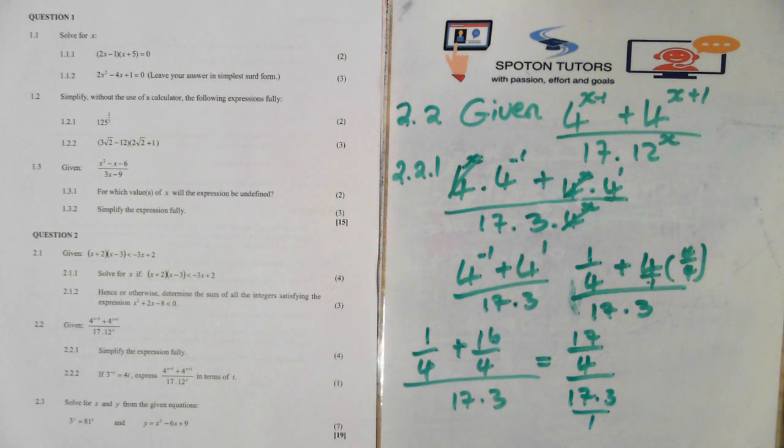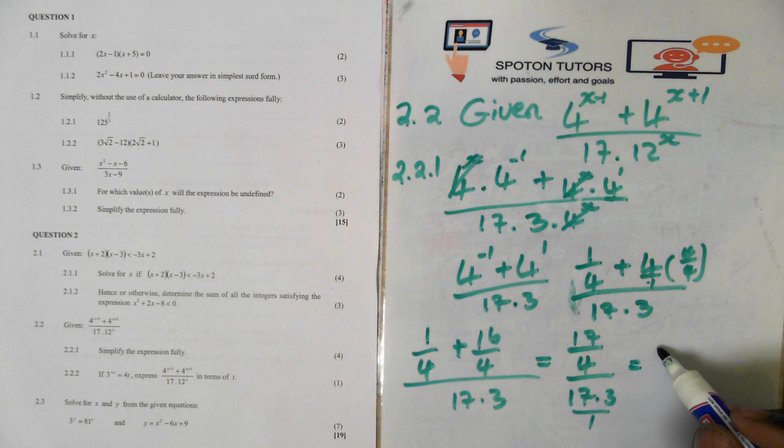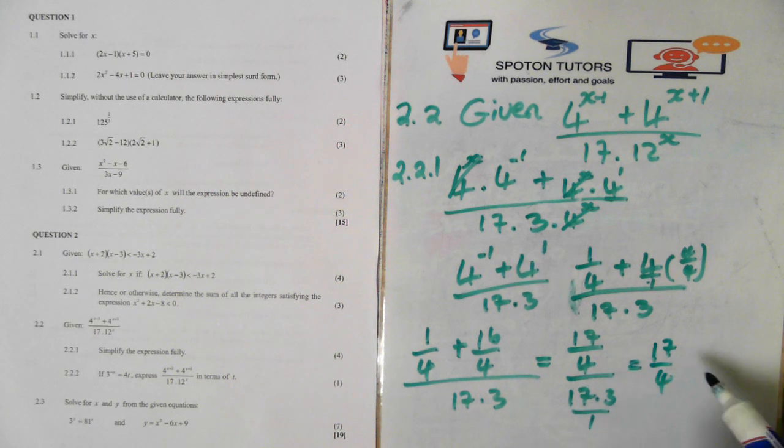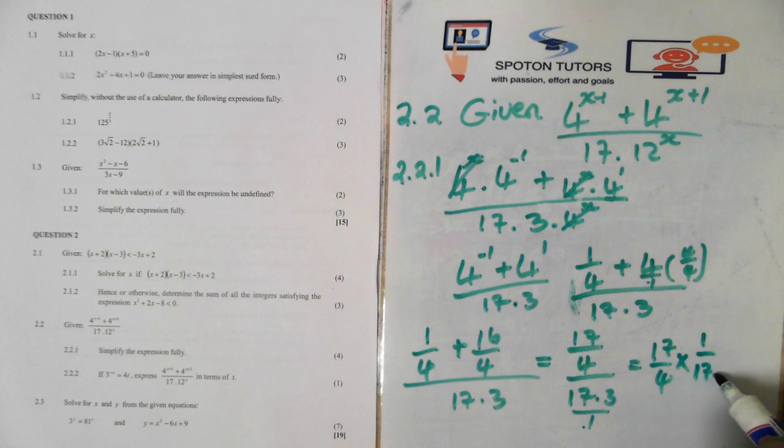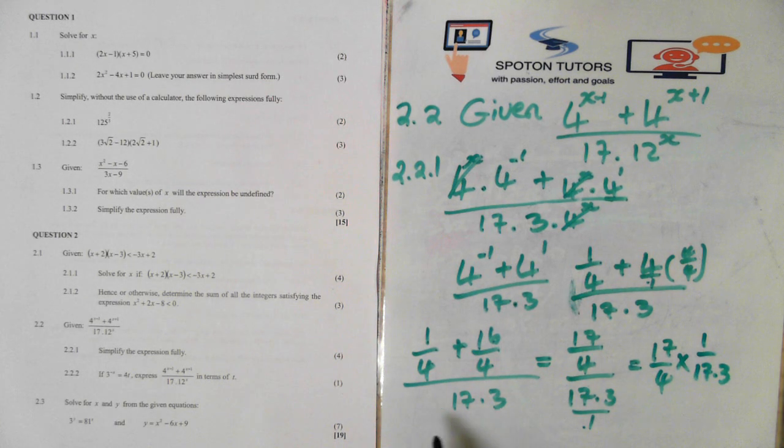Then let's multiply, which means that this will then be equal to 17 over 4 multiplied by 1 over 17 times 3. This is an old school multiplication method, and I'm going to explain it here.